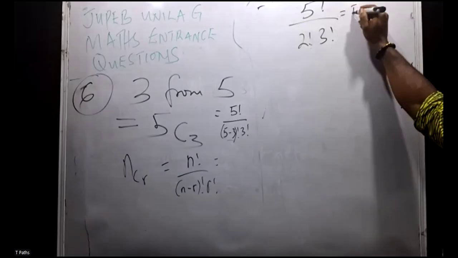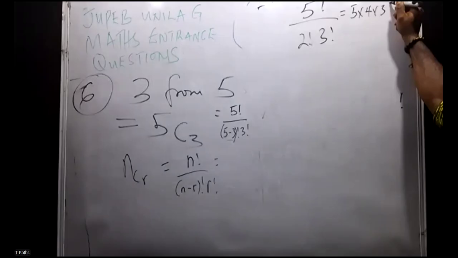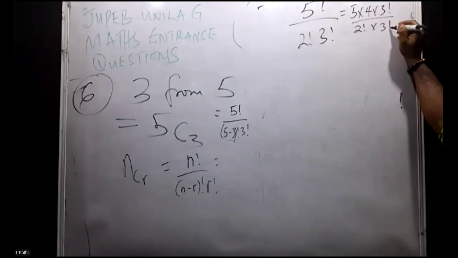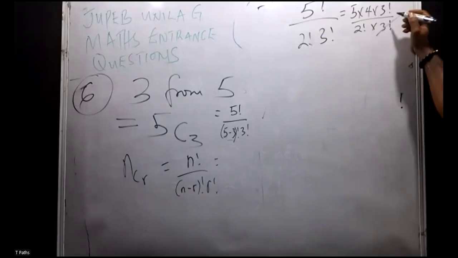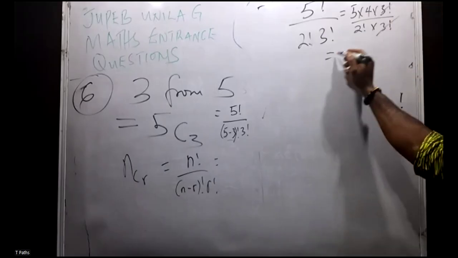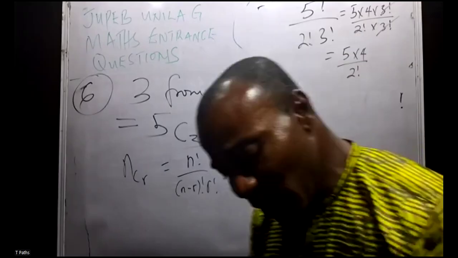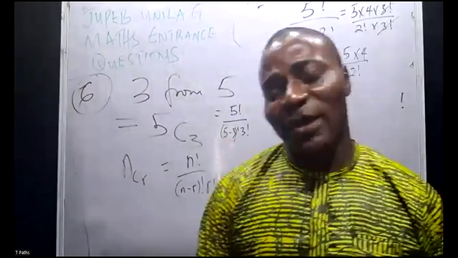So we have 5 times 4 times 3 factorial over 2 factorial times 3 factorial. The 3 factorials cancel. We have 5 times 4 over 2 factorial. Somebody tell us, what is 2 factorial now?